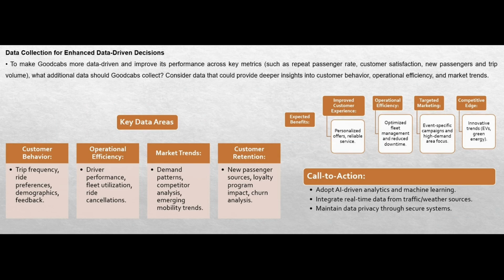Data collection for enhanced decision making. To enhance Good Cabs' data-driven decision making, it's essential to collect additional data on customer behavior, operational efficiency, and market trends. This will provide deeper insights into key metrics like repeat passenger rates, customer satisfaction, and trip volumes, allowing the company to optimize its strategies effectively.